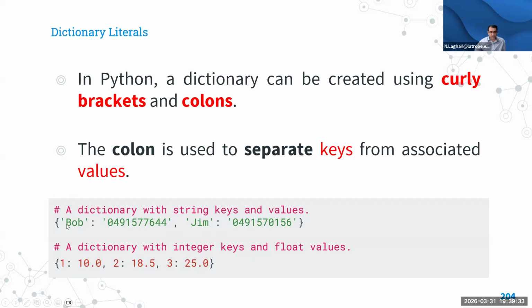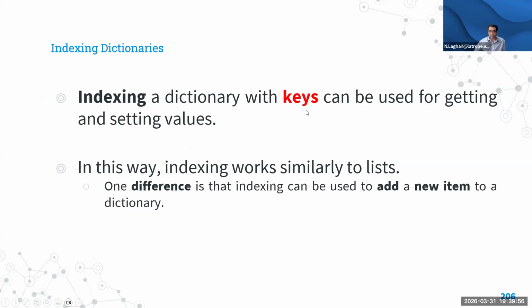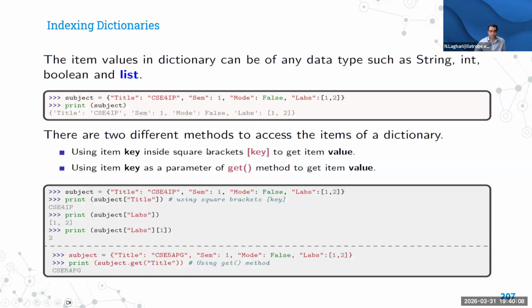In the top example, both keys and values are strings, whereas in the second example, the keys 1, 2, 3, 4 and 5 and their values are all numerical values. An empty dictionary can be initialized with curly brackets. Indexing a dictionary with a key can be used for getting and setting values, like we use indices with the list. Here we use keys.